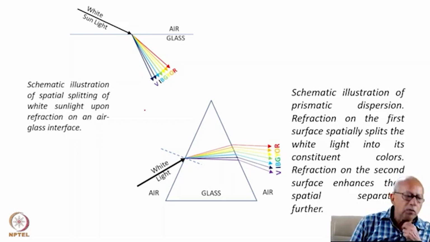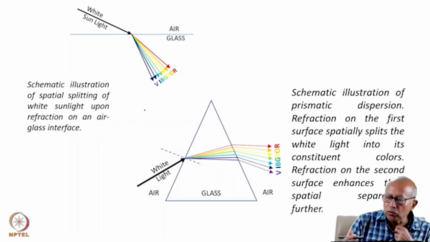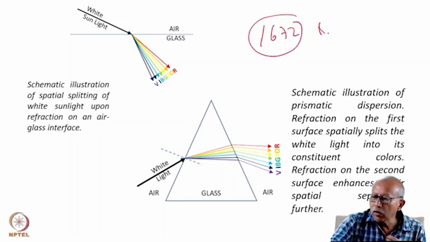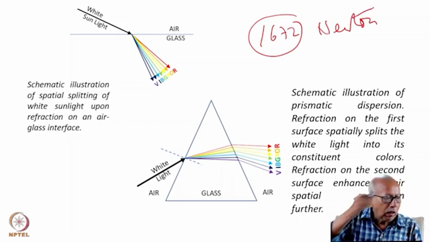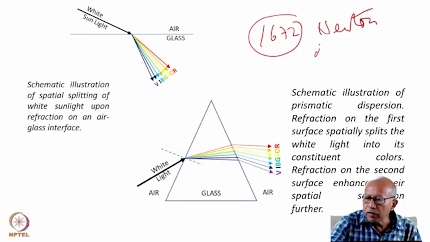The origin of the rainbow was finally cracked in 1672 when Newton proposed the theory of dispersion of light.